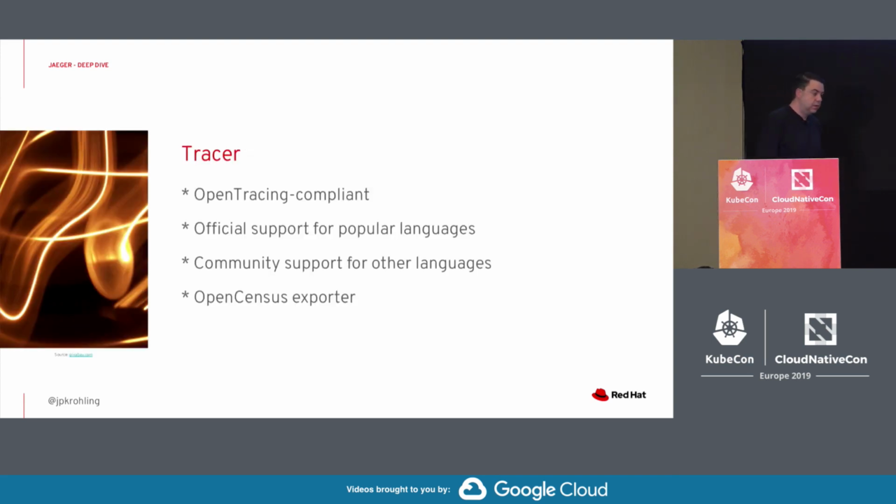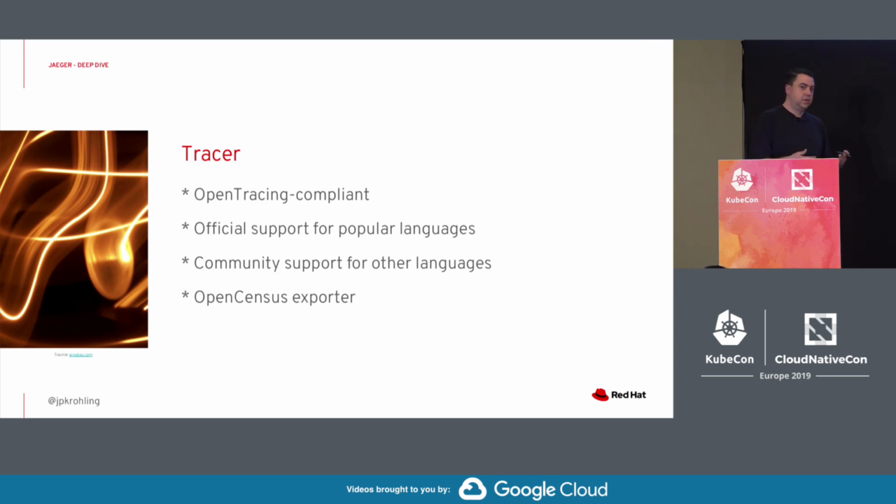Now, a little bit more detail about each of those components. So the tracer. We have tracers for most of the major languages, right? So Java, C++, C#, Go. We have tracers or clients for other languages as well. We have community-supported tracers. And what they all have in common is that they implement the OpenTracing specification and APIs or interfaces.